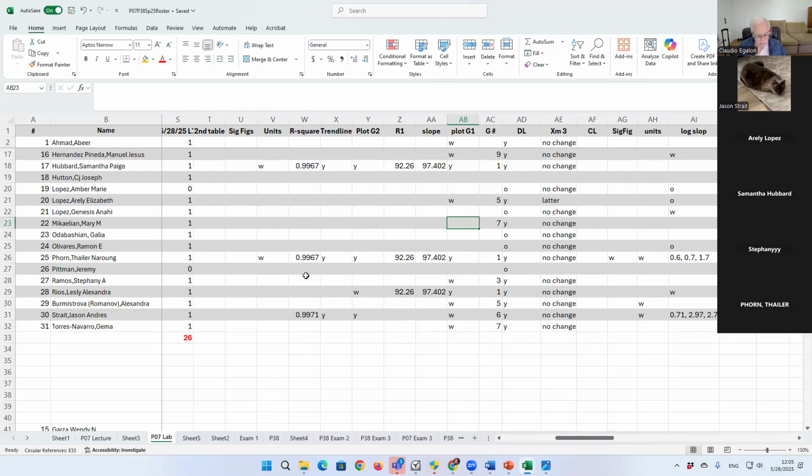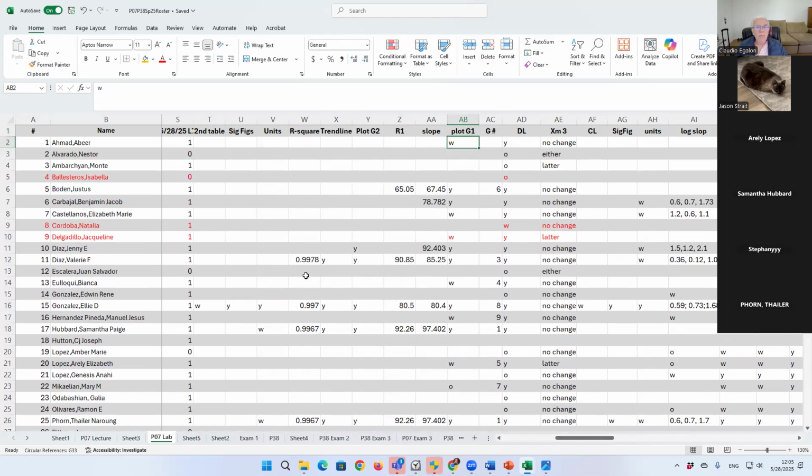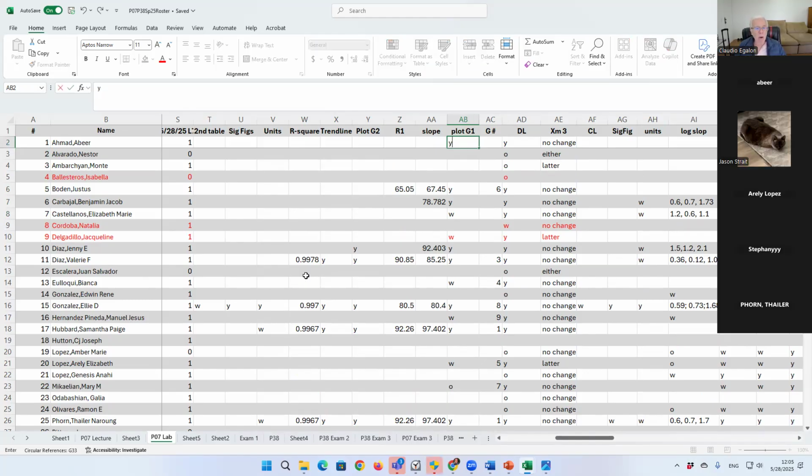Okay, so let's put here 0. And okay, Abir, were you able to plot graph 1? Is Abir there? Yes. Okay, so you did plot 1. What's your group number there in the spreadsheet, please?